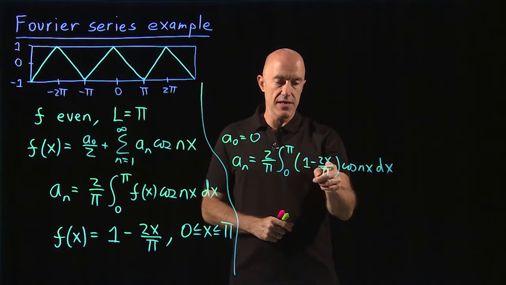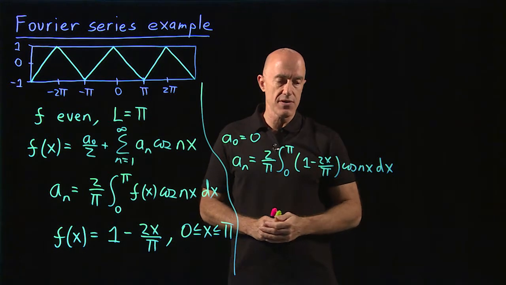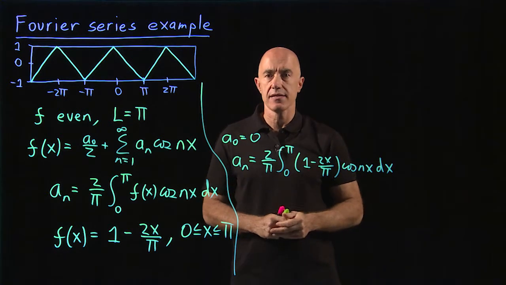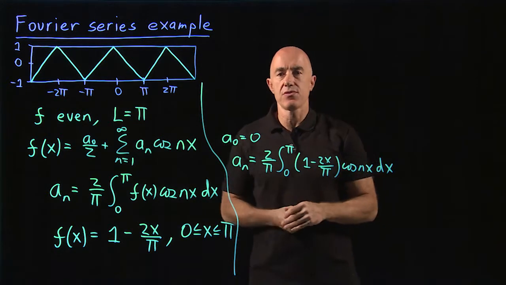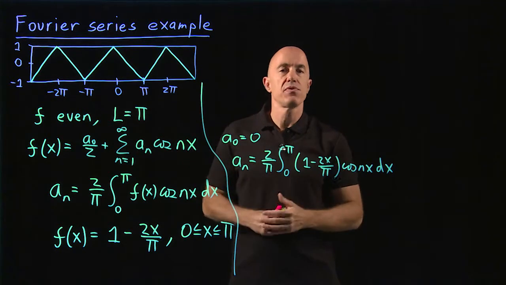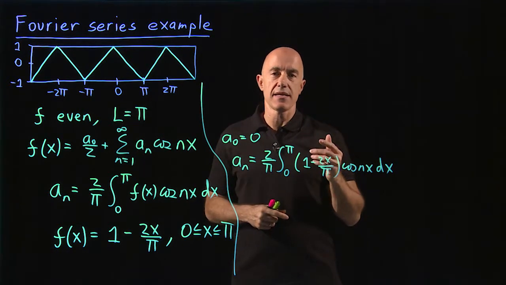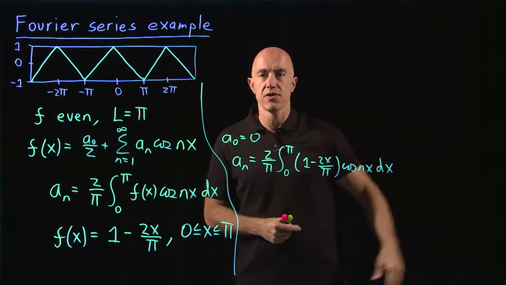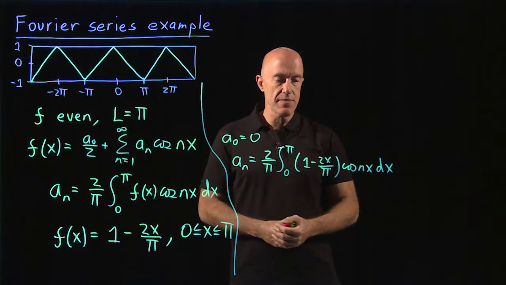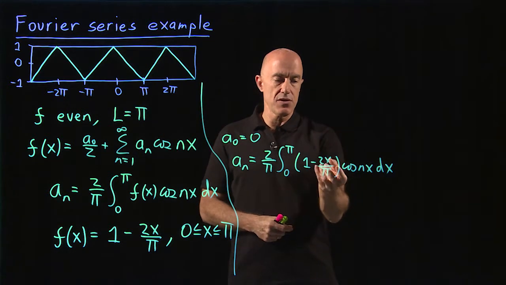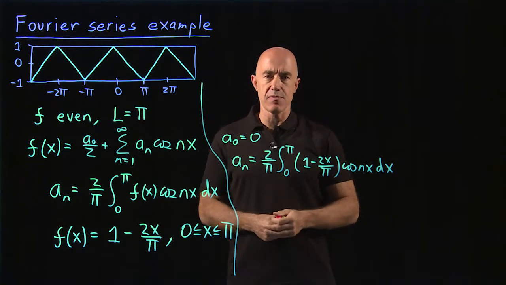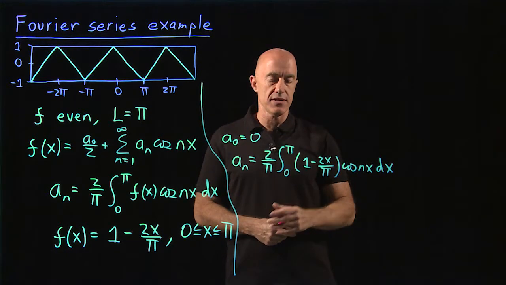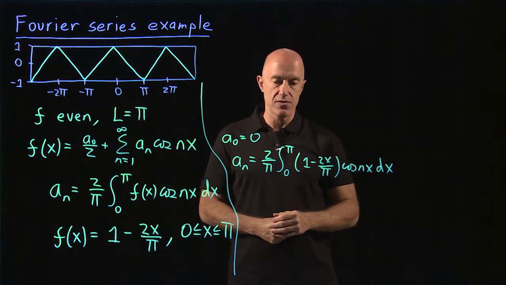What about the 2x over pi term? Then we have to integrate x times cosine nx. You might remember how to do that from calculus, or at least I hope you remember. You do that by an integration by parts. It will take too much of my light board to demonstrate that for you, but you can take a separate piece of paper and try to remember your calculus and how to do this type of integral.